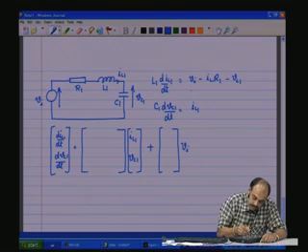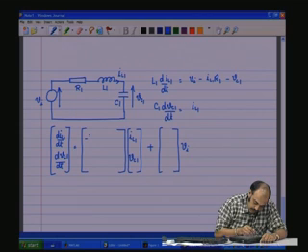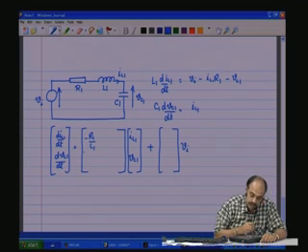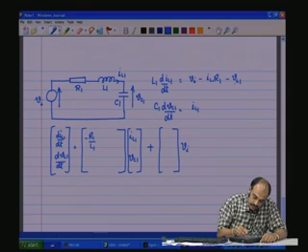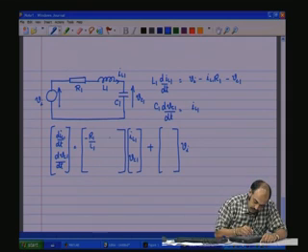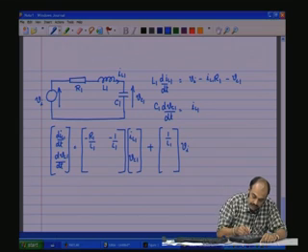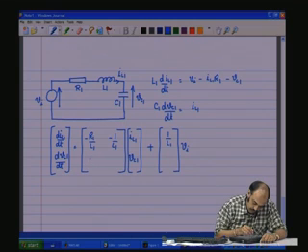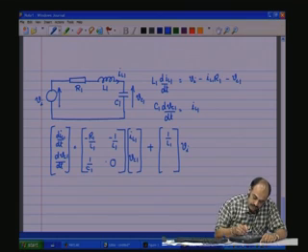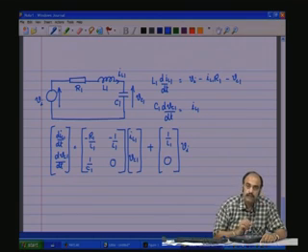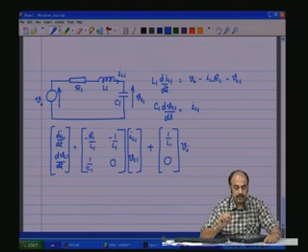Now, for IL1, look at the equation here, there is a minus R1 by L1 coming to the picture. Now, there is a Vc1 which is minus 1 by L1, and 1 by L1 which is coming to the picture for the B matrix, that is Vi. Okay. Now, the other equation, we see that there is a 1 by C1, there is nothing here and nothing here. So, this is the dynamic equation.